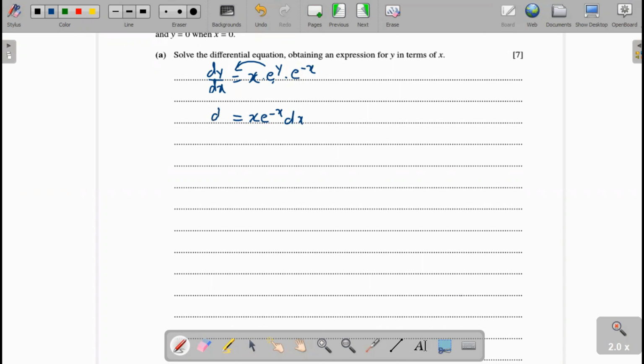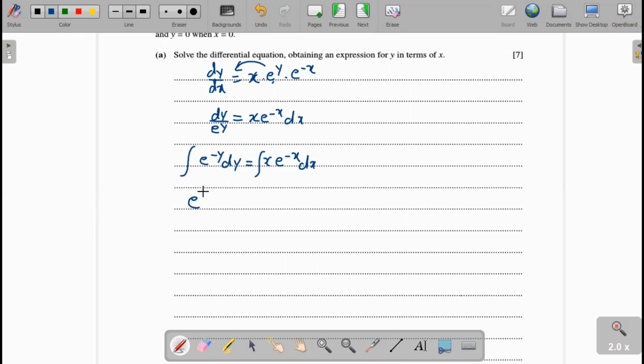Now we can write dy over e power y, that becomes e power minus y dy, and that is equal to x into e power minus x dx. Now we integrate both sides.